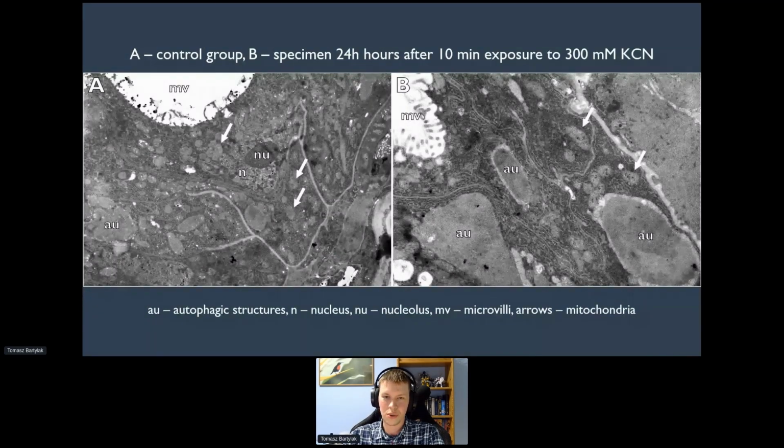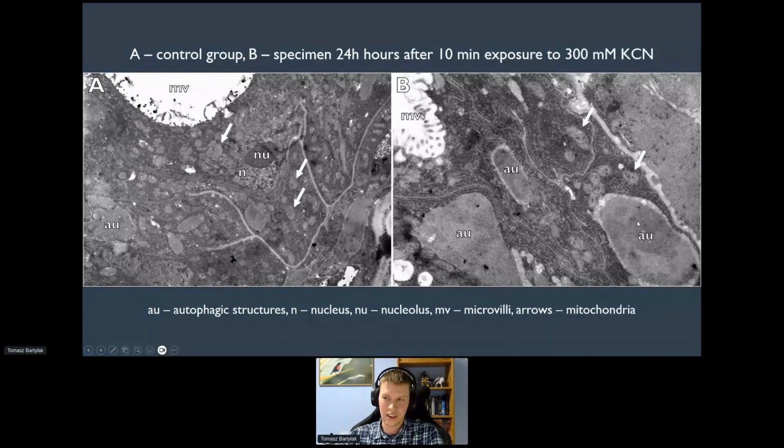So in order to check what is happening, we decided to slice them open and see what's inside of them. Here you can see photos from a transmission electron microscope from the control group and from a specimen that was exposed to a high concentration of cyanide. These photos were taken 24 hours after a 10-minute exposure. What you can see with the naked eye are those huge autophagic structures.